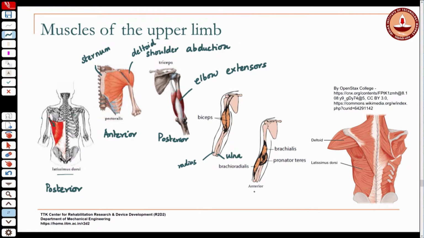And then in the anterior view, you actually have three muscles which are considered elbow flexors. So, the biceps, the brachialis and the brachioradialis are all elbow flexors.